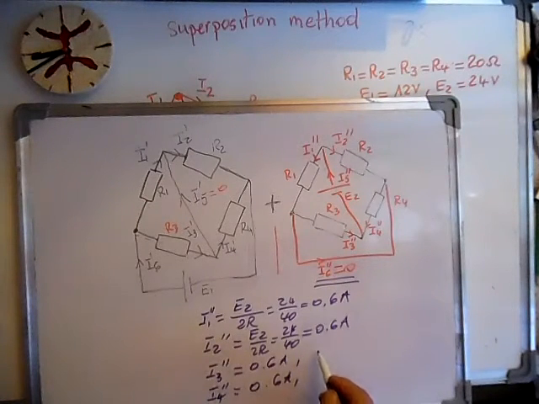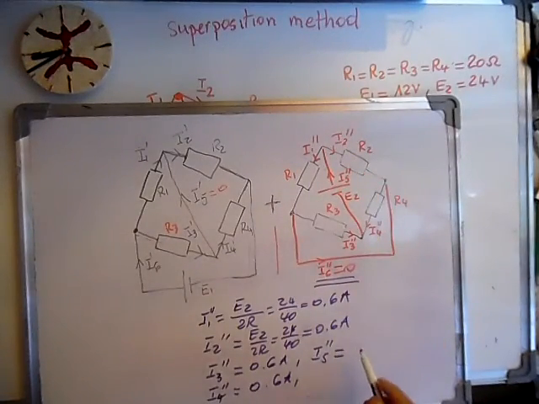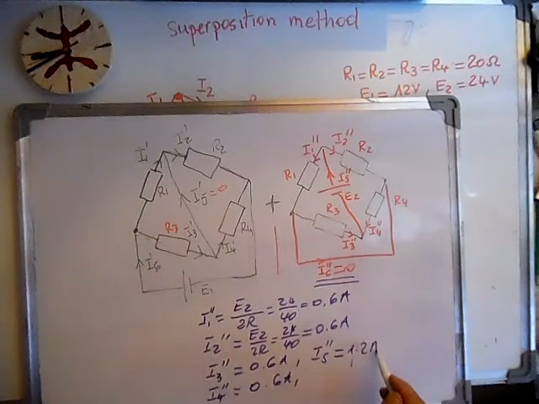I5 second will be the sum of these two currents, so 0.6 plus 0.6, 1.2 amps. I6, we said it's equal to 0.